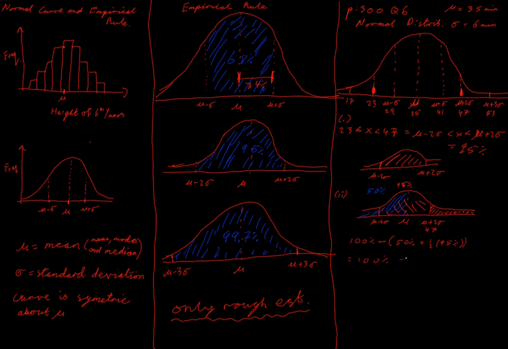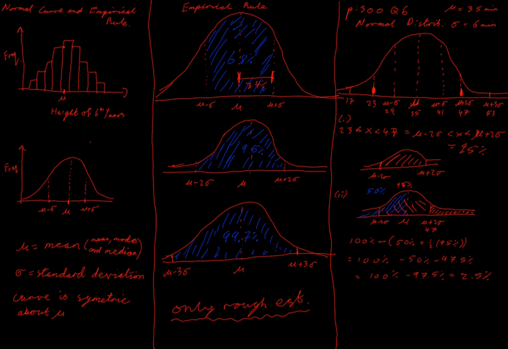100% minus 50% plus 47.5%, so 100% minus 97.5% is equal to 2.5%.